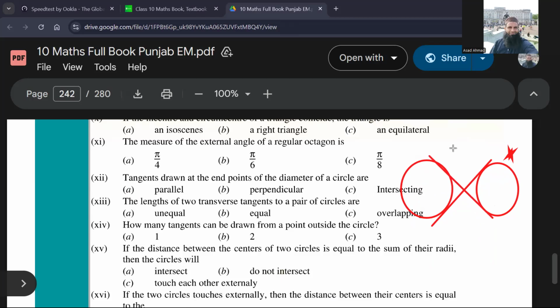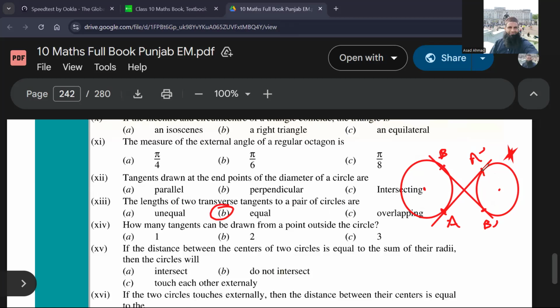So in these type of circles, the tangents are called transverse tangents. So the length of the tangents, from A to A dash for example and B to B dash like this one, is equal. So the length of two transverse tangents to a pair of circles is always equal. I have given you the sketch. It is a part of practical geometry.